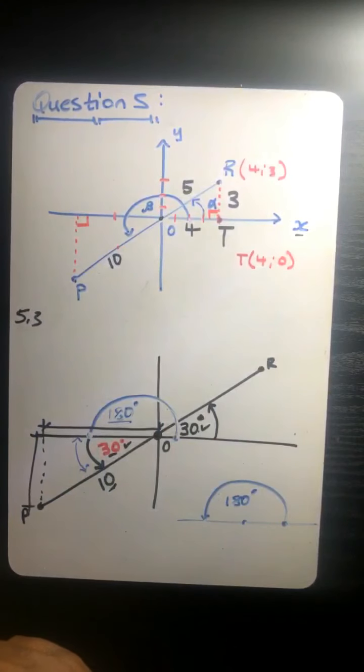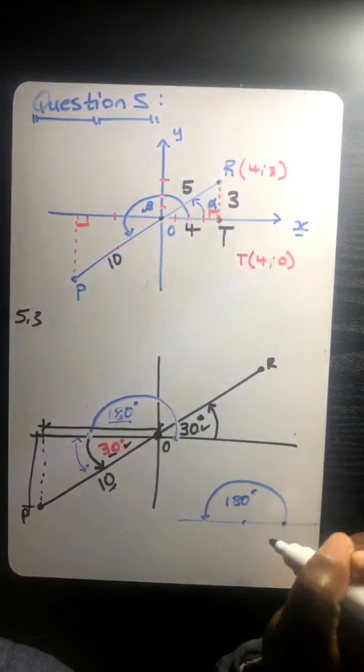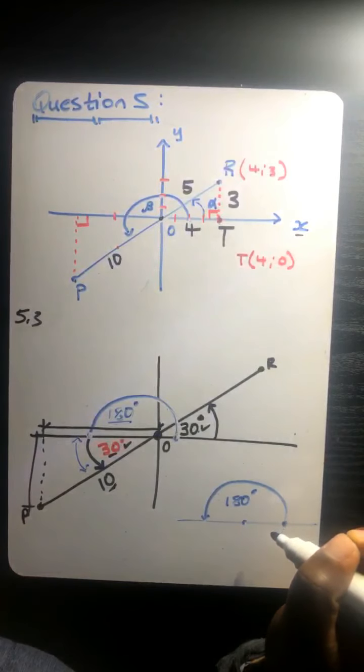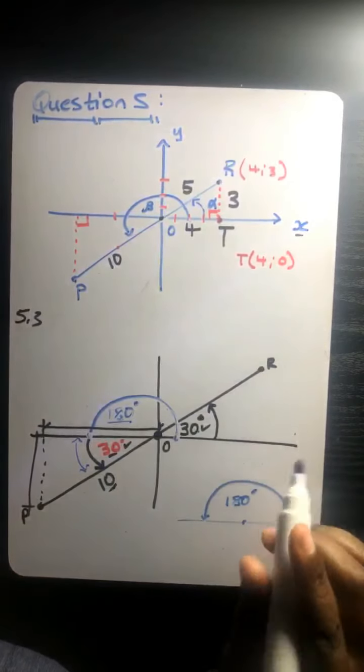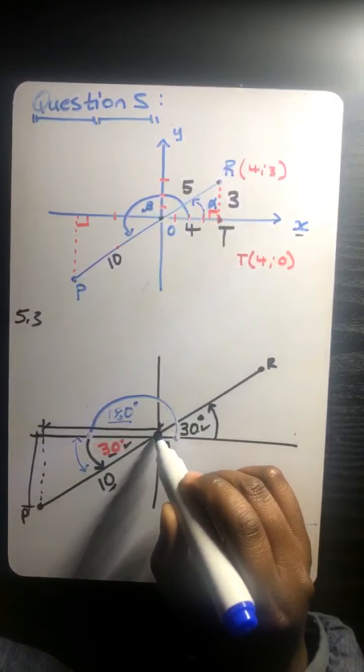Sorry. Is the 180 degrees angle the angle of inclination? How am I going to explain? Wait. Okay, so an angle of inclination, it is formed by the terminal side.